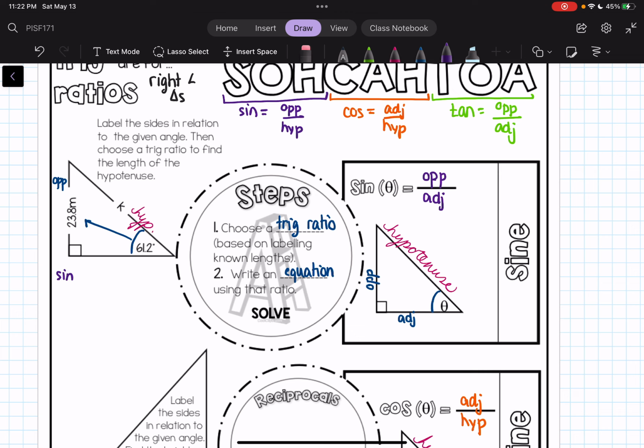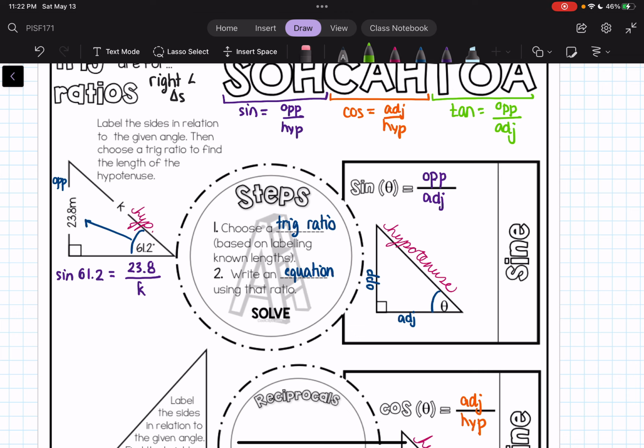So we're going to say sine of 61.2 is equal to the opposite, which is 23.8, over the hypotenuse, which in this case I have called k. And so now we need to solve for k. So I'm going to start you off just in case you need that extra reminder.